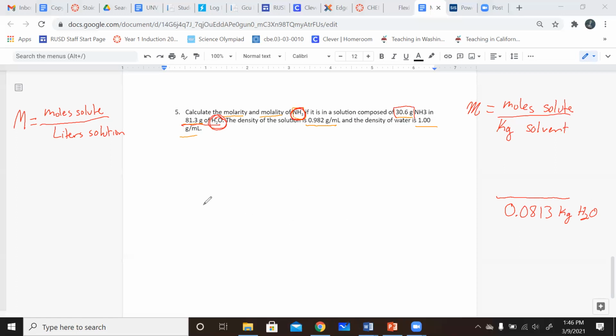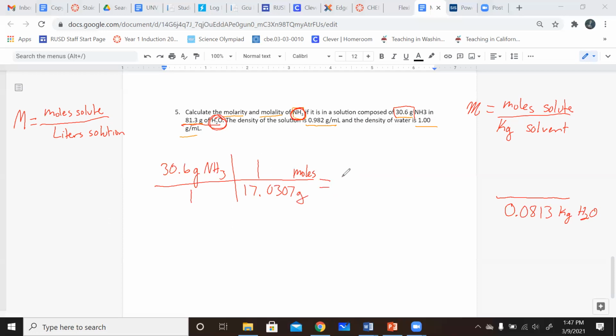To get moles of solute, all I have to do is take my gram amount of solute and convert it to moles. So we take our 30.6 grams of NH3 over 1. We want moles. And then we have to divide by our molar mass of NH3, which if you look on the periodic table, it's 17.0307 grams.